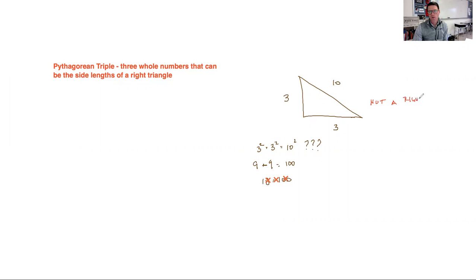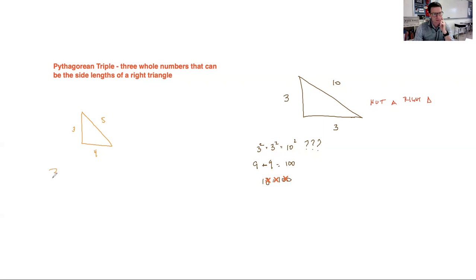So you'll start to see that some are quite obvious, or ones that you'll see a lot, right? So let's look at one that is. Let's see if a triangle with sides of 3, 4, and 5 is a Pythagorean triple, meaning, is this a right triangle?